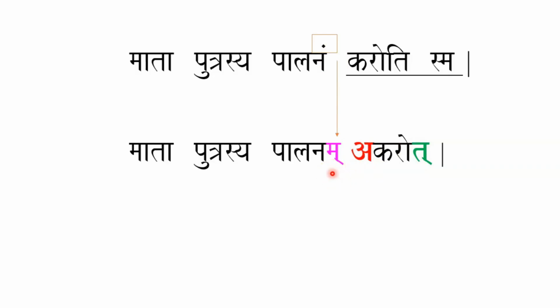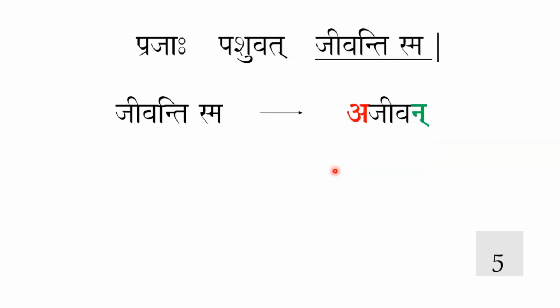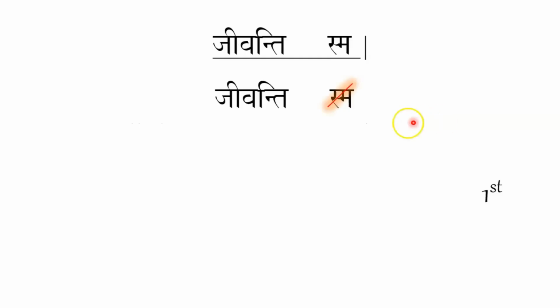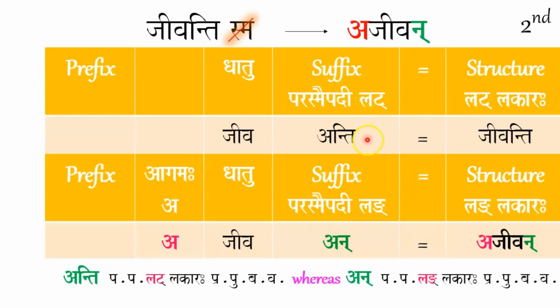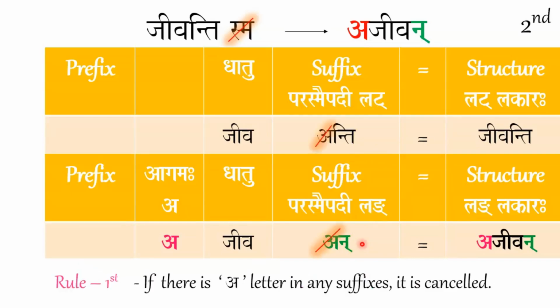Let's move on to our fifth example. Here, Jivanti Sma becomes Ajivan. First, Sma Avyayam is cancelled. After that, the ending present suffix anti is replaced by an in past. And then, according to the first rule of suffix, the letter a is cancelled.